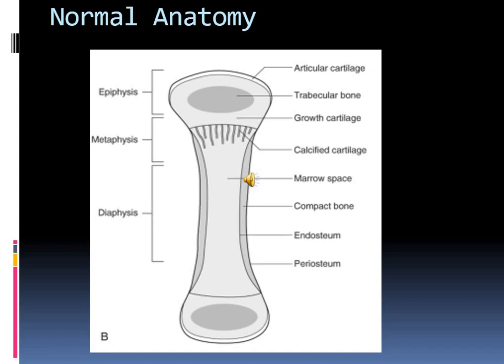Also in the mid part of the bone we have a space which is called marrow space, or the medulla. The most important thing also is the growth cartilage, which is just the area between the epiphysis and metaphysis, and it is an important site for knowing if the skeleton is mature or not. And lastly we have the articular cartilage, which is covering the articular surface of the bones.